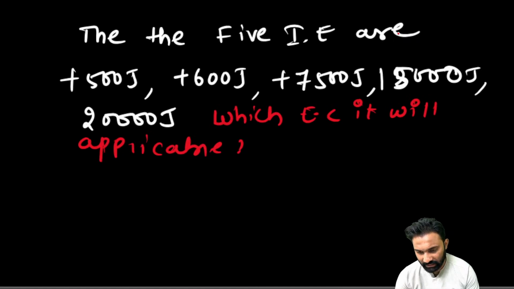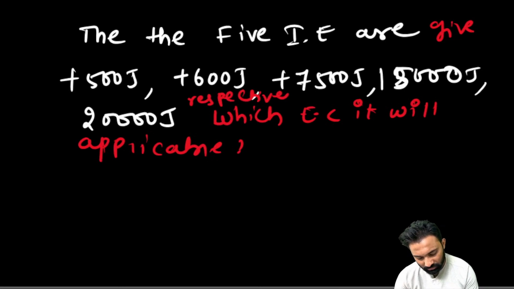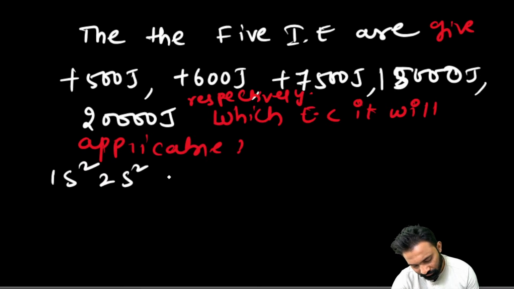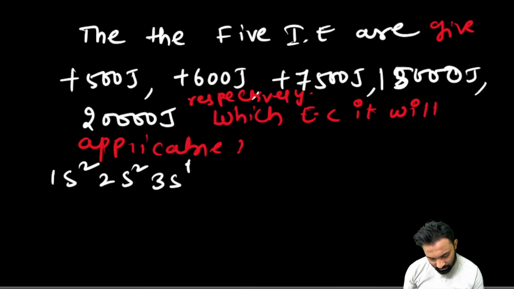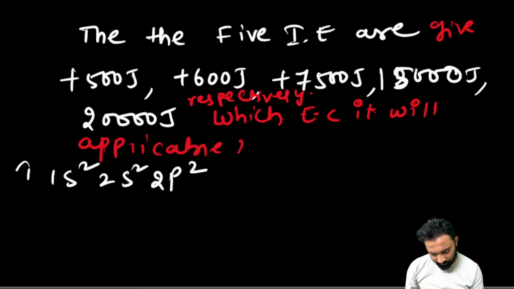The five ionization energies are given in this manner: IE1, IE2, IE3, IE4, IE5 respectively. For which electronic configuration will it be applicable? First one 1s2, 2s2, 2p2, right?